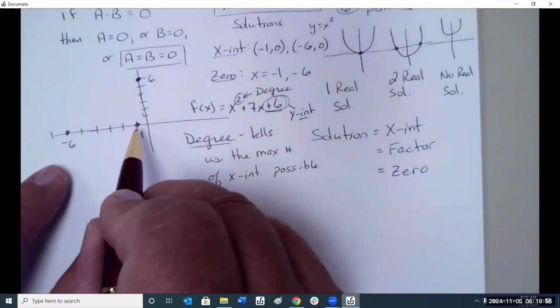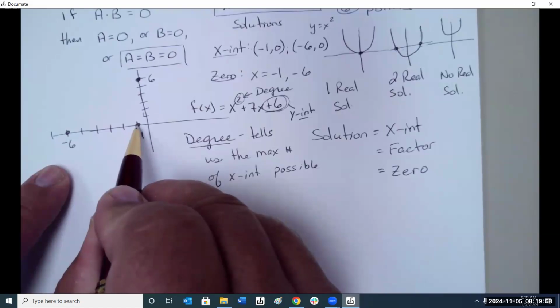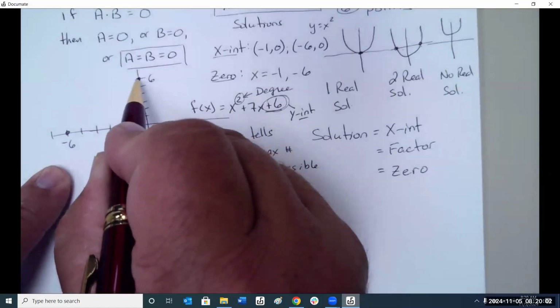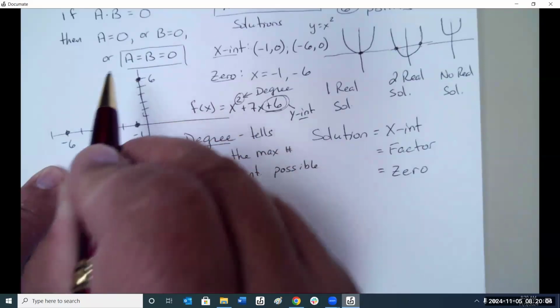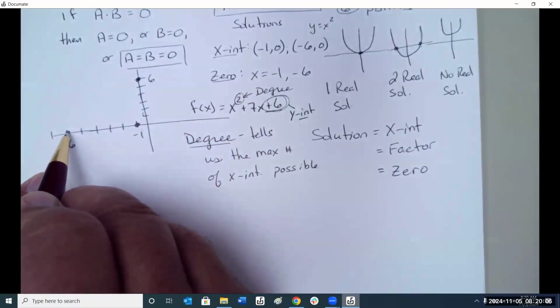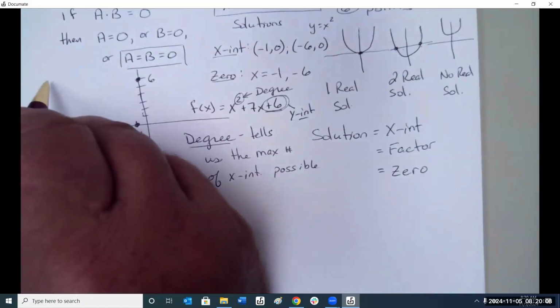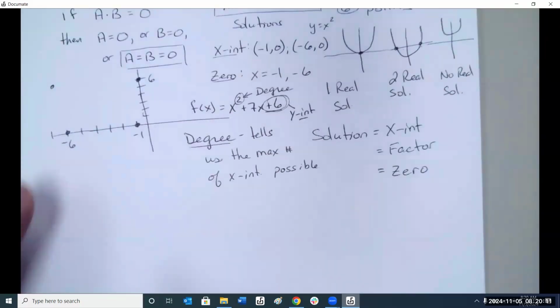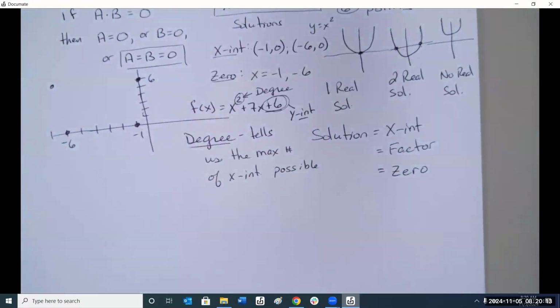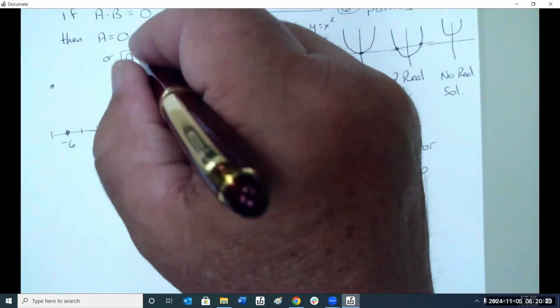So since they're symmetric, from this x-intercept, if I go over 1 and up 6, I get that point. I could do the same from the other end. Move over 1 and up 6, and I have another point of my graph. So I know the graph's going to look like this.